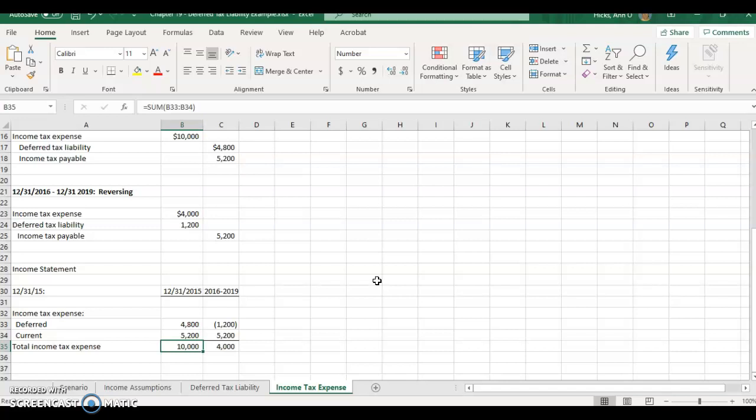We've got to tell the readers of the financial statement that. And same thing in the subsequent years. The $4,000 expense consisted of a payment of $5,200 and an offset of a previous liability of $1,200. Okay, so let me know what questions you have, and we will continue on.